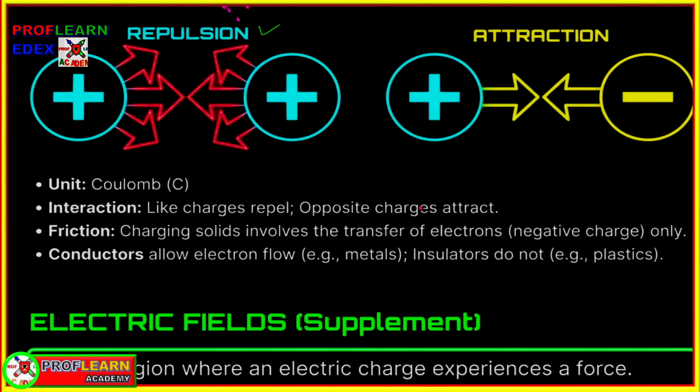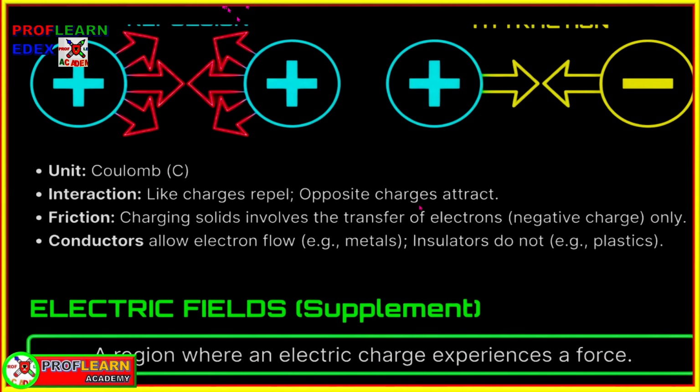You need to understand that the unit for measuring charge is coulombs, and charge is transferred by friction. So you may be asked, how are materials charged? You need to say that materials are charged when they are rubbed against other materials, and in that way, due to friction, electrons are transferred.